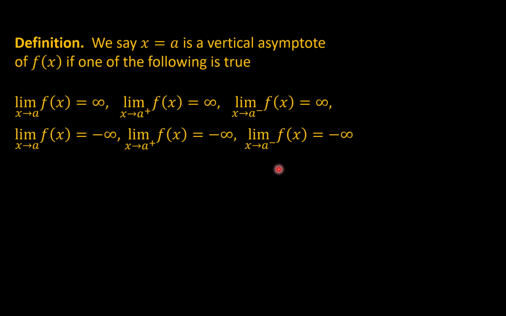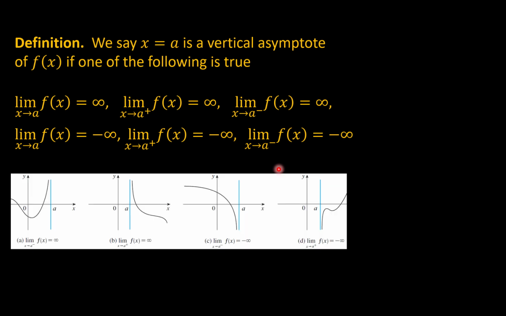We have seen some examples in the previous slide, but let's just take a look at the general pictures: from the left, from the right, and when the limit is equal to positive infinity, or from the left or from the right when the limit is negative infinity.